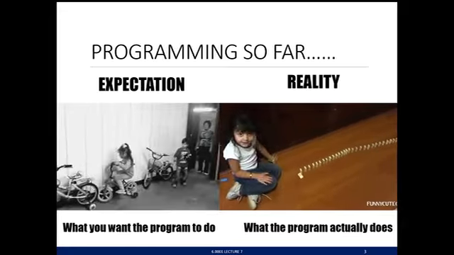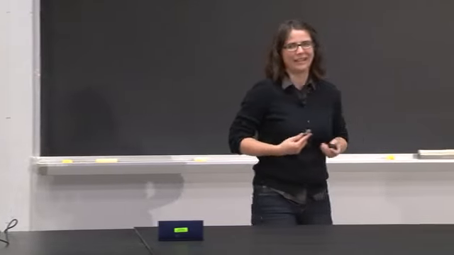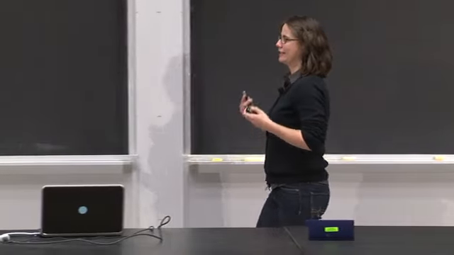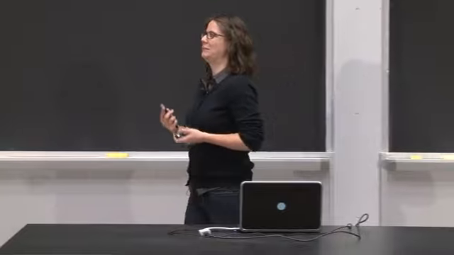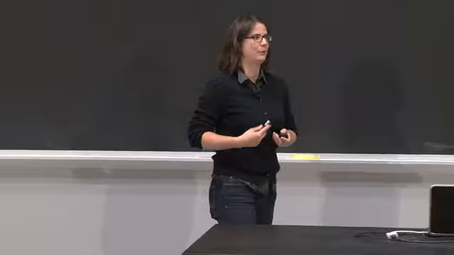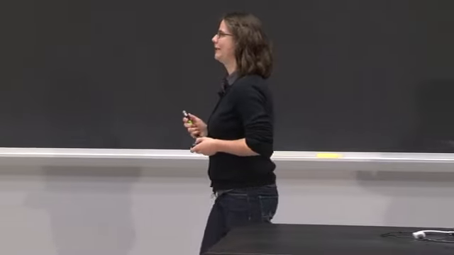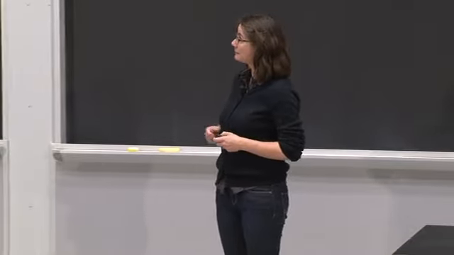It's happened to me many times. It's happened to you many times. That's the reality. Okay. So today's lecture will go over some tips and tricks on debugging and how you can help make your life easier when you're writing programs so you don't end up like this little girl here, disappointed beyond belief.